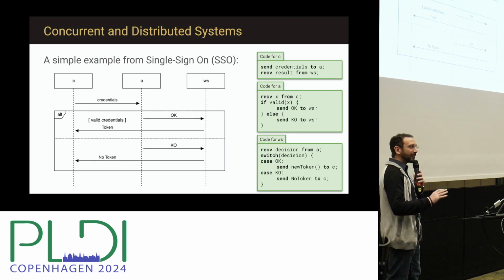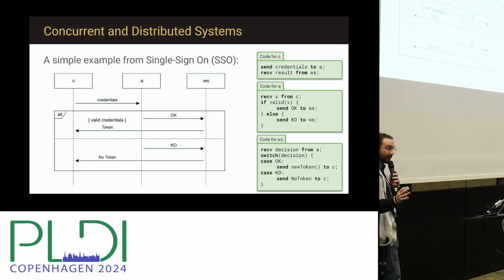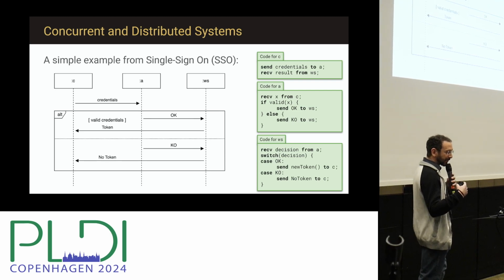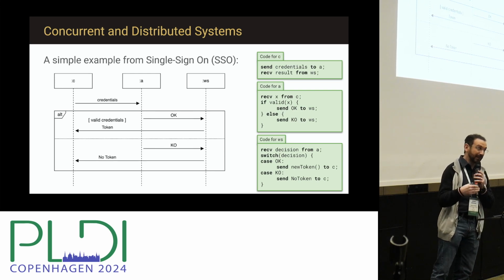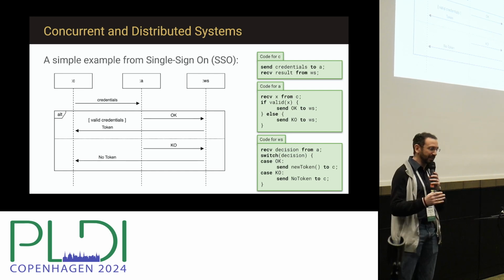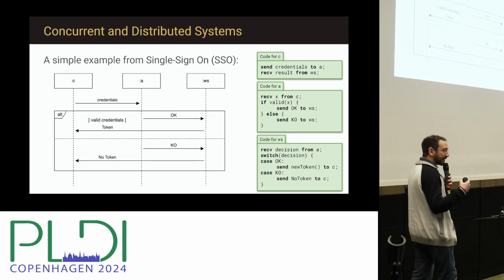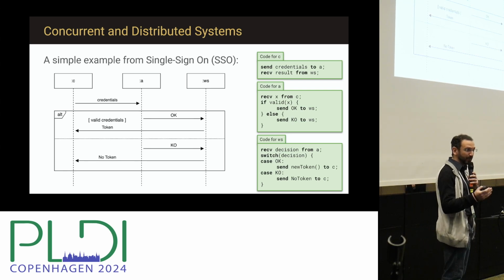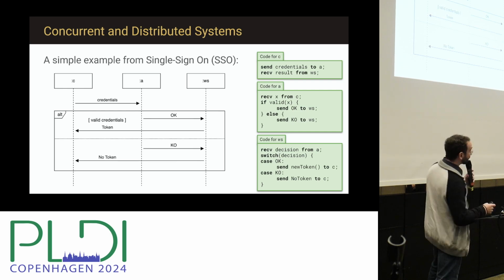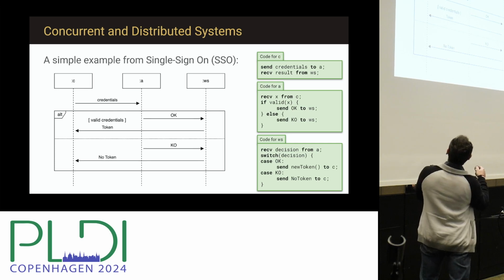So let's start from the context where choreographic programming was born, that of concurrent and distributed systems. Programming distributed and concurrent systems correctly is hard. We have a specification in mind, and usually we use these kinds of schemas to represent it.